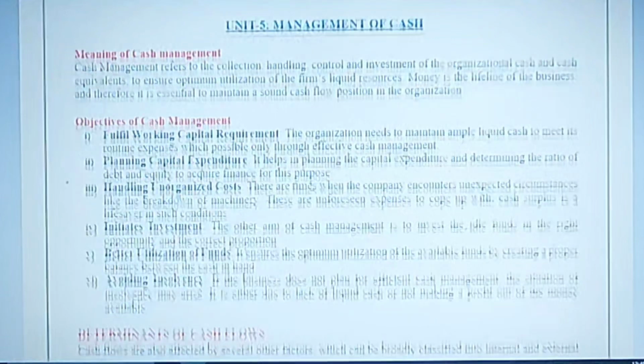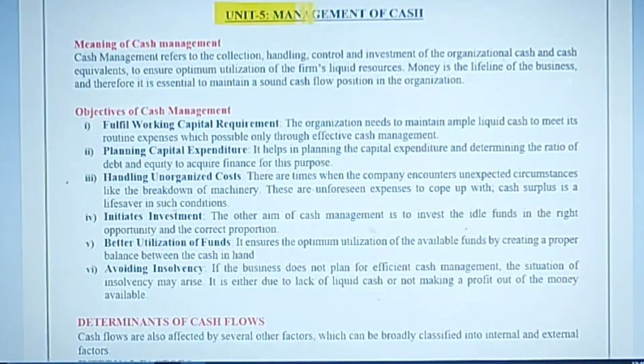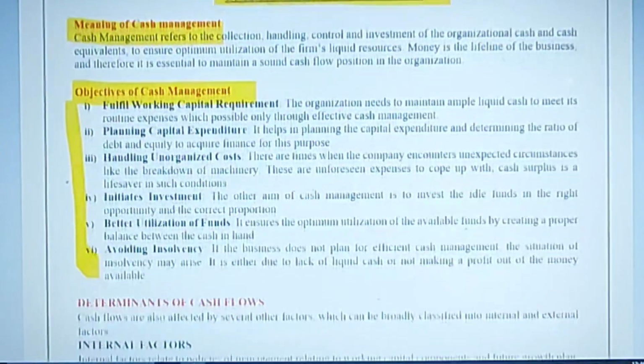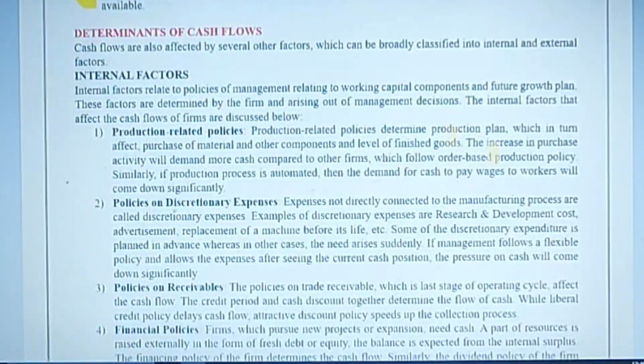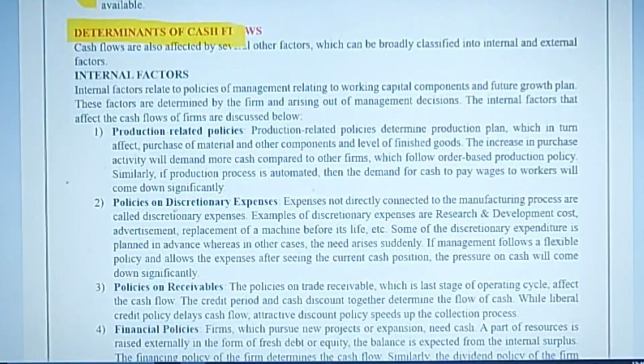Let's move on to unit 5, management of cash, how to manage cash. And from here, what is cash management? What are the different objectives of cash management? So all these 6 points you need to expand in your answer. Then what are the different determinants of cash flows? So again, two factors are here.